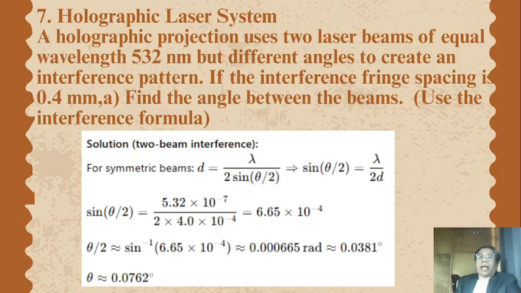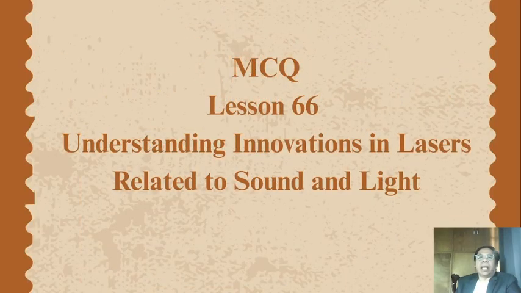And to get theta over 2, we only get the arcsine of that particular value. And of course, we can now calculate theta, which is approximately 0.0762 degrees.